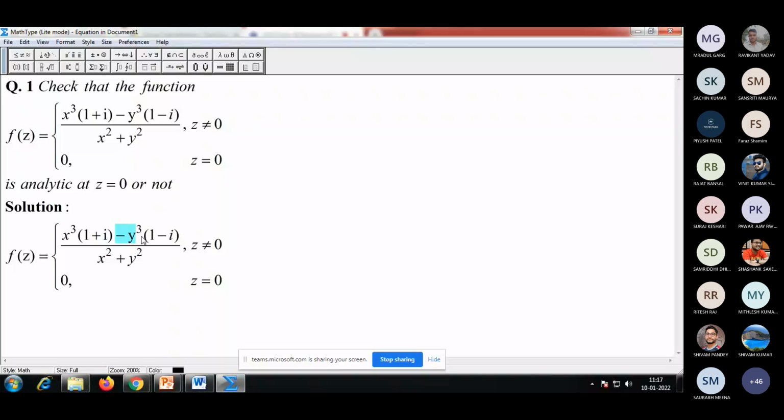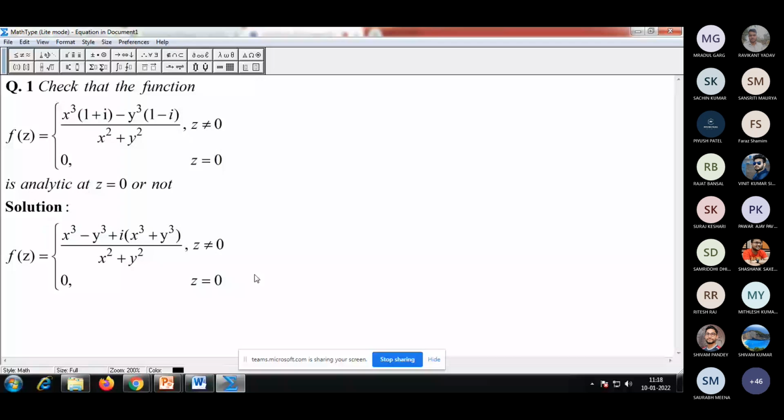So first is x cube minus y cube, and then iota, plus iota within bracket x cube plus y cube, divided by x square plus y square.